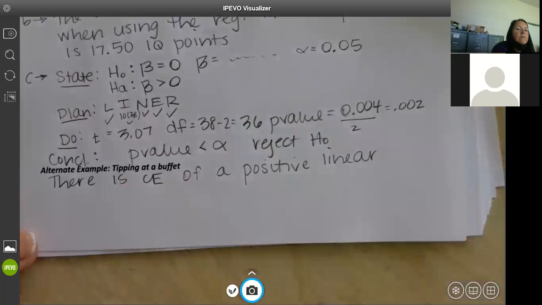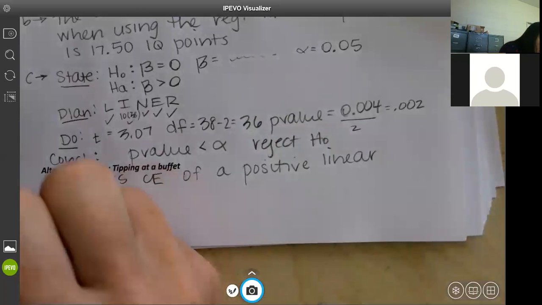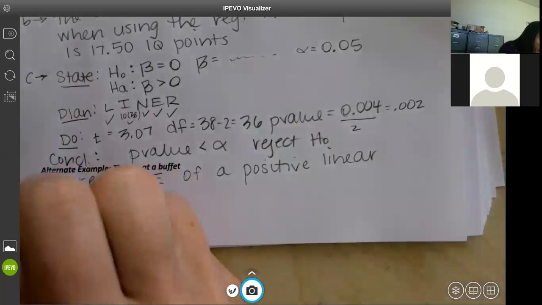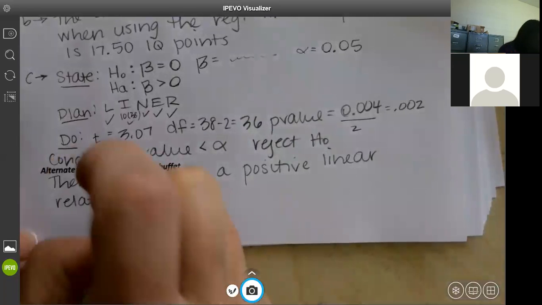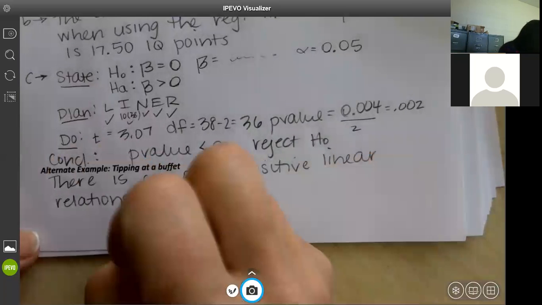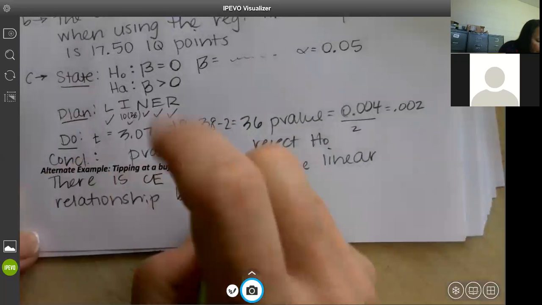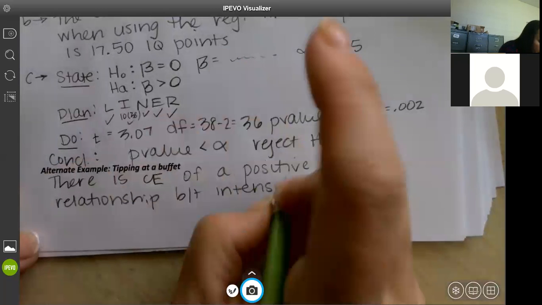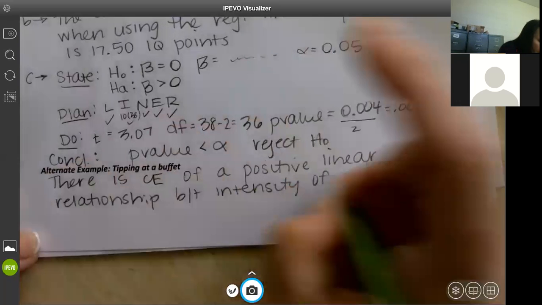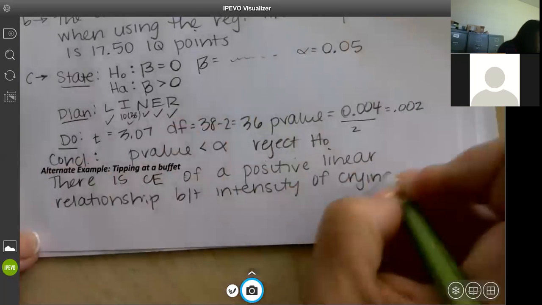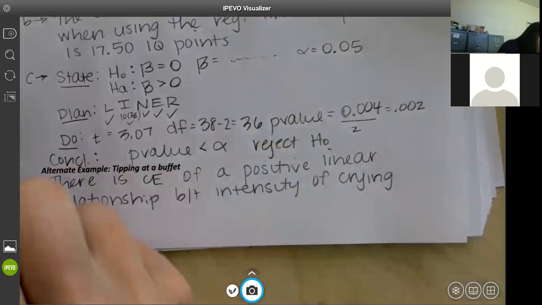There is convincing evidence of a positive linear relationship between intensity of crying and IQ score.